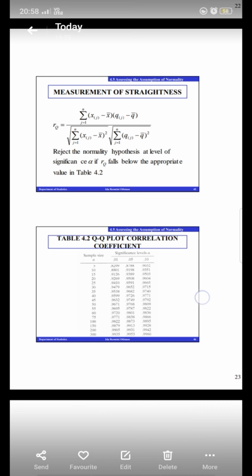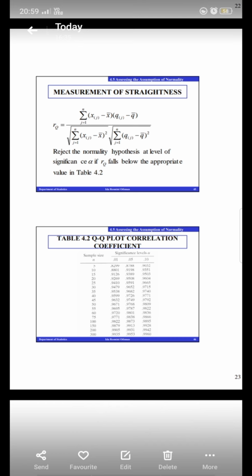Pernah nampak tak formula ni? Macam pernah, familiar tak dengan formula ni? So actually formula ni seolah-olah formula untuk you dapatkan correlation saja. Cuma sekarang ni our variables kat sini adalah x dan juga q. Sebab kita gunakan tadi observation dan juga quantile. So actually kita boleh ubah dia. Kalau you tak nak kira satu-satu kan, you kena buat column.